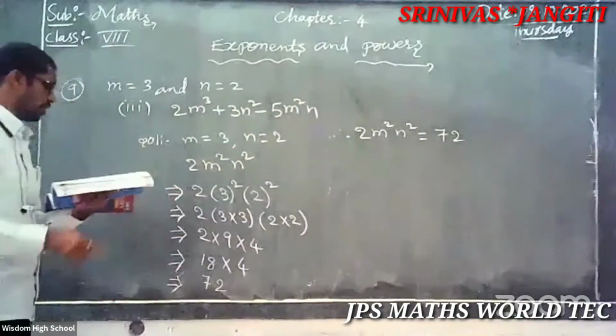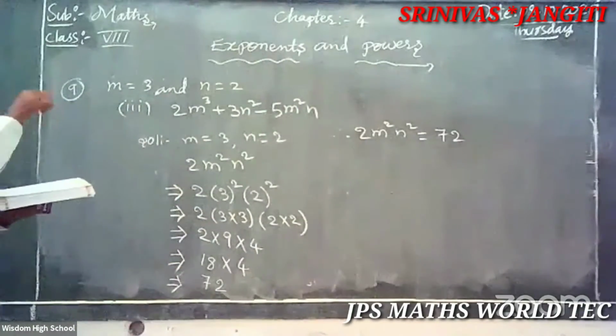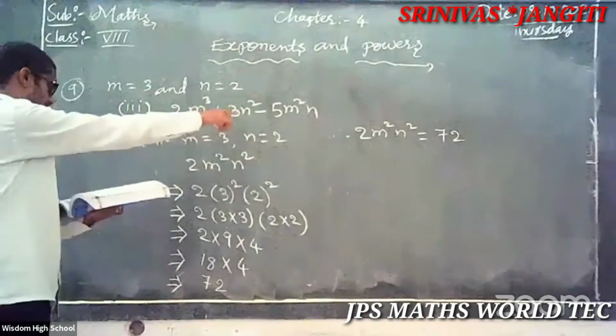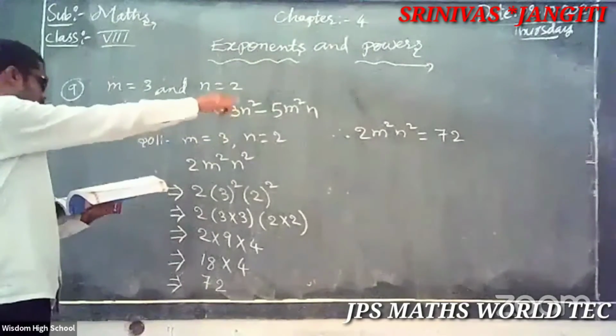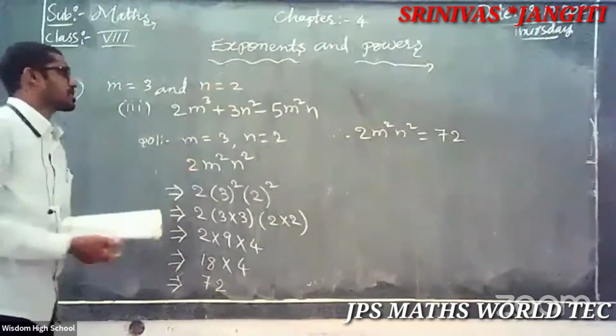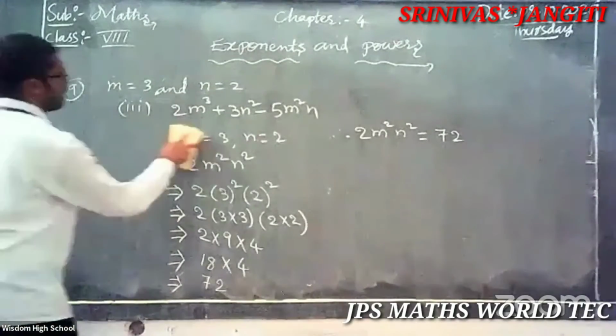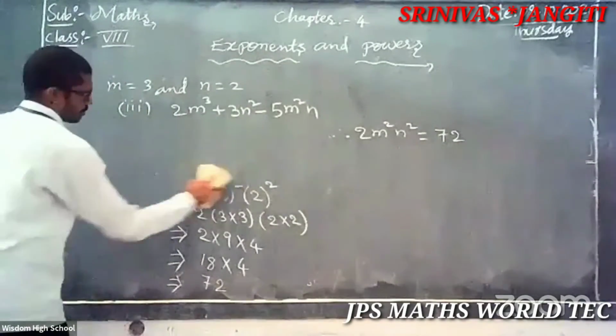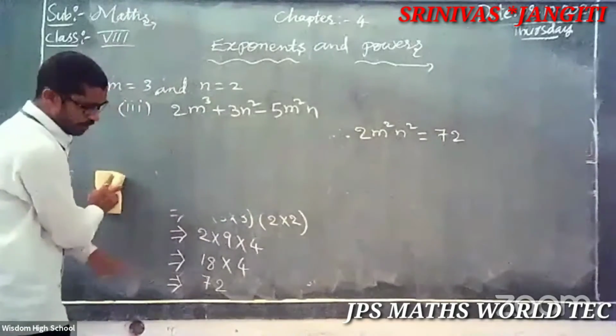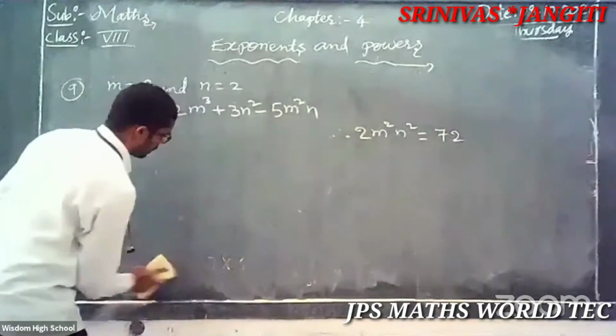This is the problem. Once observe here: 2m cube plus 3n square minus 5m square n. This is the third problem. Then what is the solution? You will know, all is same. Come on. Is it clear, everybody? Yes. Now let's go to the third one.